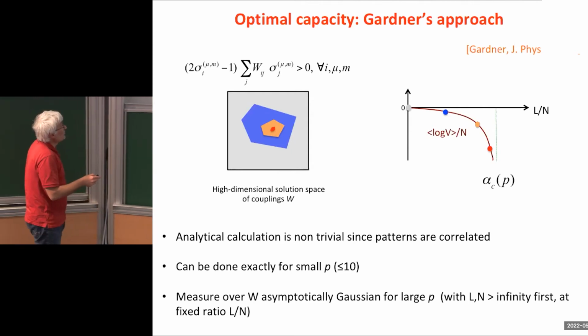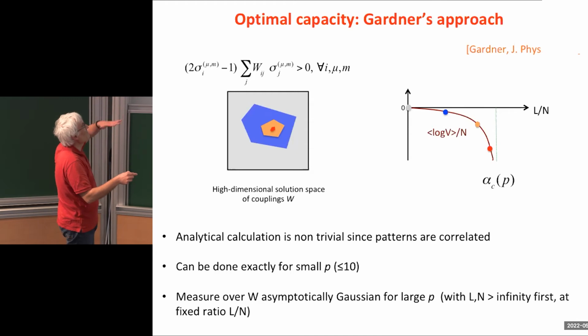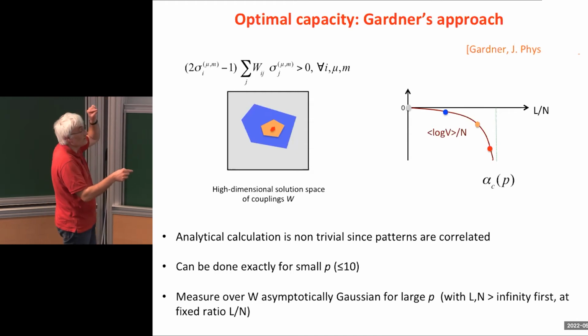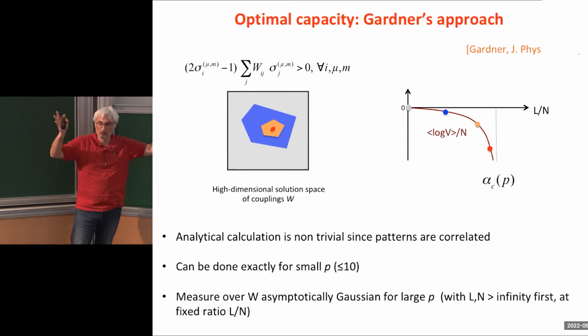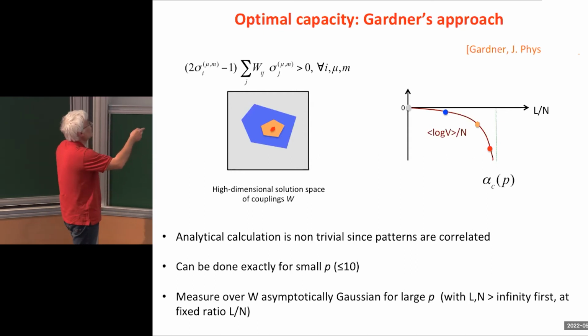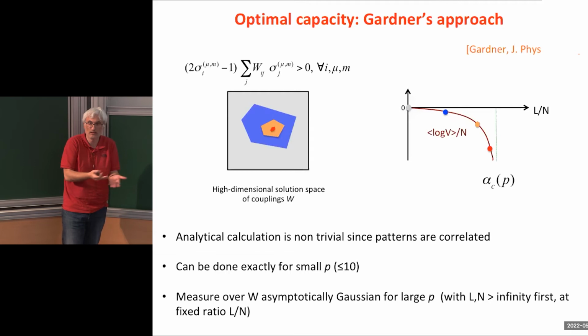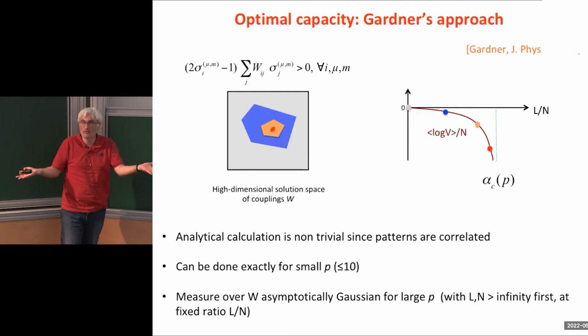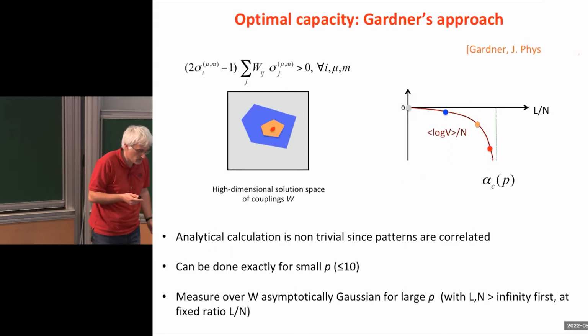The calculation is non-trivial compared to what was done by Gardner. Gardner invented this formalism, which is a beautiful one, but she had independent patterns, so independent vectors, which were just drawn randomly. Here I'm drawing them randomly, but they are correlated because they are emanating from this low-dimensional manifold, right? So that creates a lot of correlation between the components of the configuration.